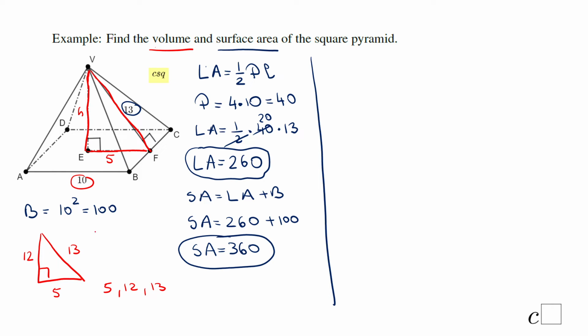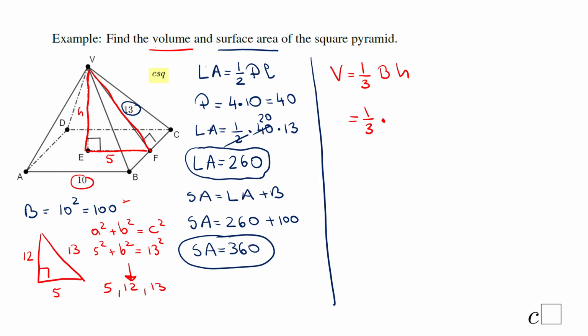If you do not remember, obviously you can use a squared plus b squared equals c squared, and you will have 5 squared plus b squared equals 13 squared. If you do this math, you're going to get this 12 for b. But now we know the height, it's 12, so we can move to the volume, which is 1/3 the area of the base, capital B, times the height, and we know everything here. 1/3 times the base.